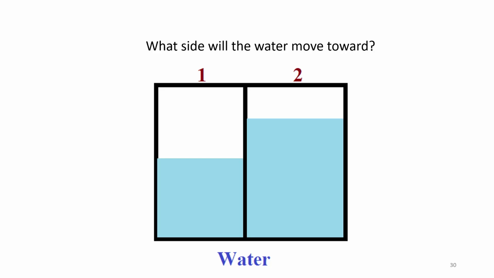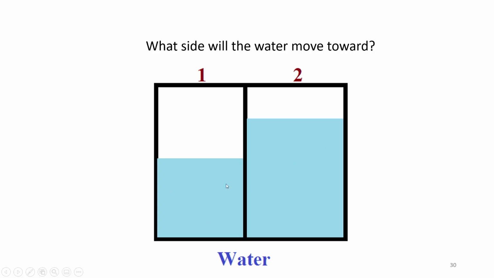If we look at this picture, and let's pretend that there's little holes in the wall that's separating these two compartments, compartment 1 and 2. Now, since there's no concentration, concentration refers to the presence of molecules within a solvent. So solvent, we have water here. There's nothing inside the water. It's just water.